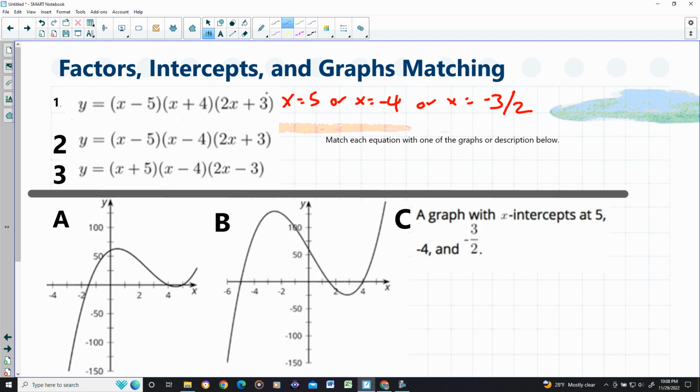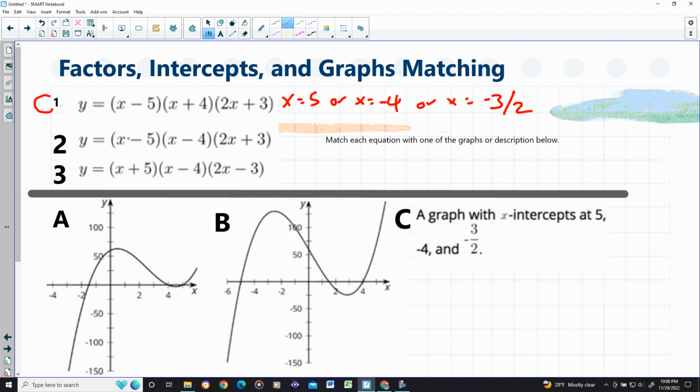Does one of these graphs match that? Okay, 5, negative 4, 3 halves. It's not A. No, oh, look, it's C. So this must be C. And because, again, those solutions certainly match there. No picture of the graph needed.